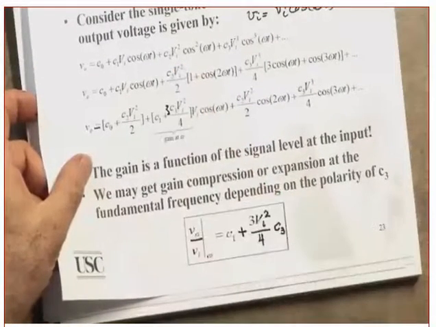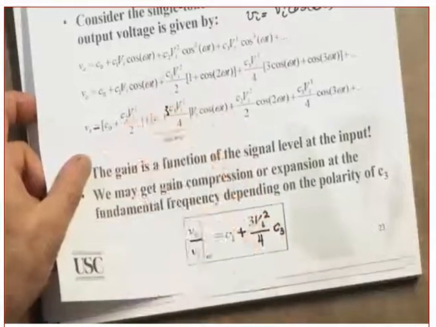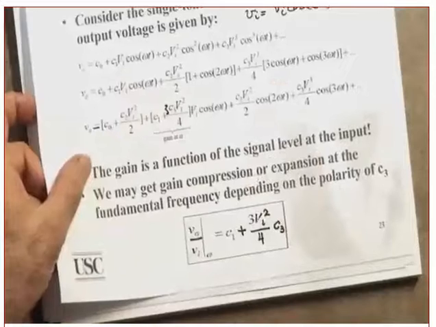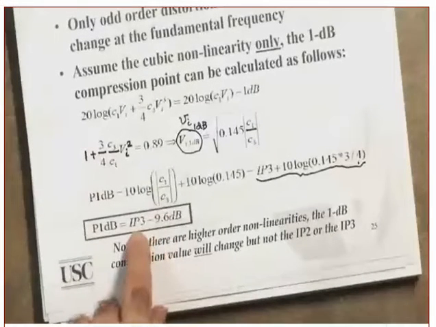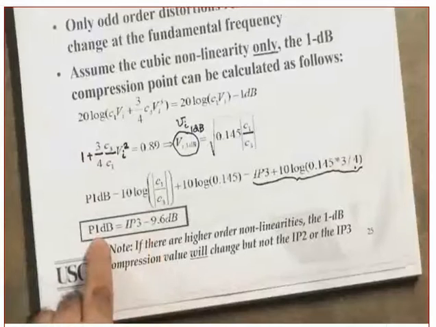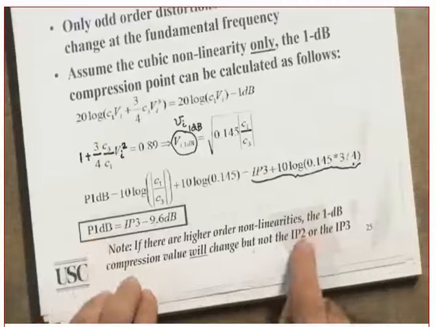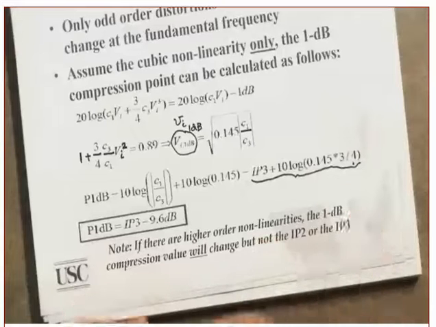Does it come from the 4th order nonlinearity? It only comes from the odd order. So the more odd order you take, this one will change. Did you get my point or not? But will this one change? IP2 and IP3 will not change. Are you following?